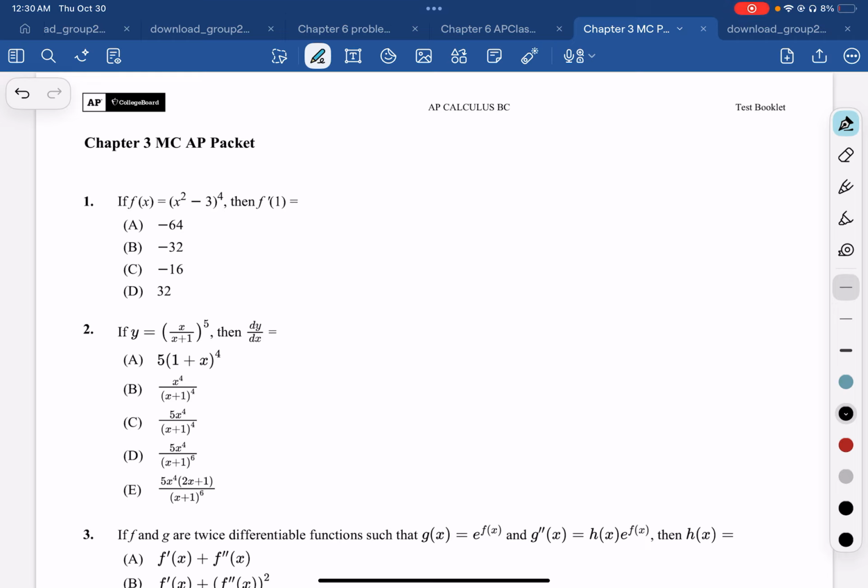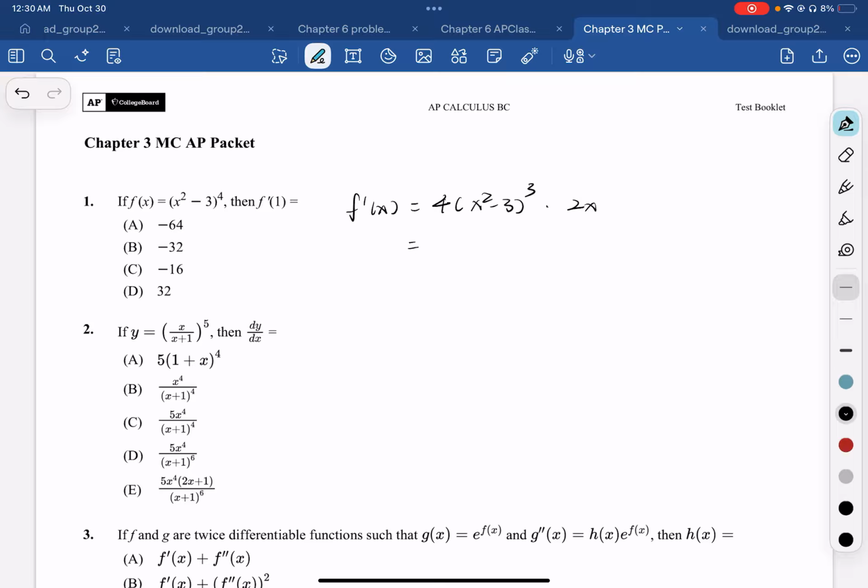If f of x equals parentheses x squared minus 3 raised to power of 4, then f prime of 1 equals to what? So f prime of x should equal 4 times x squared minus 3 raised to power of 4 minus 1, which is 3, and times the derivative of the inside function, which is 2x.